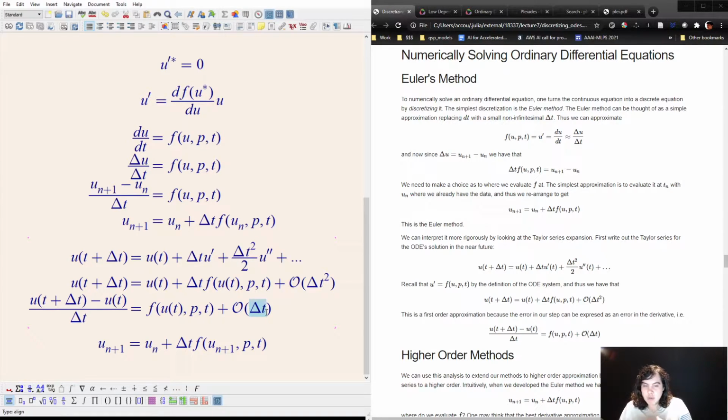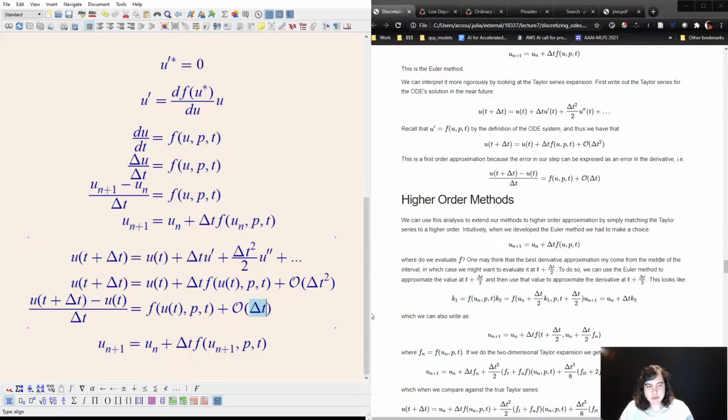If delta t is 1/10, Euler's method has an error of around 1/10. That's not exact, but you get the point. If you were to square that, then with a delta t of 1/10, the error in your approximation would be 1/100th. And so higher orders of the term here actually means it's decreasing faster.